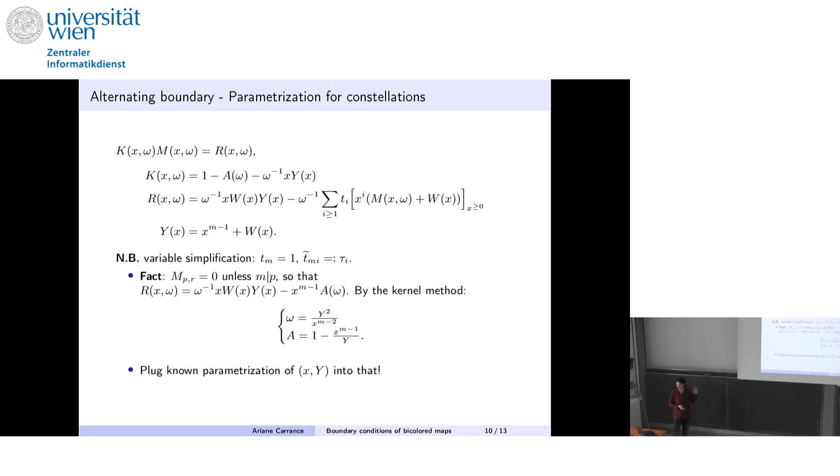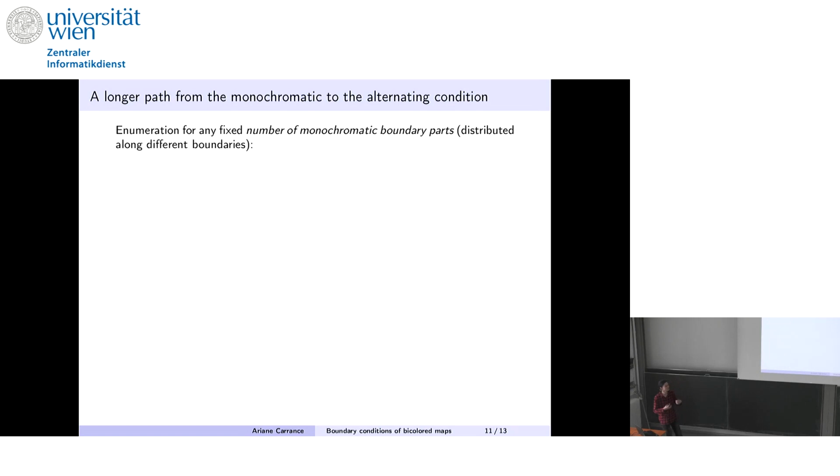If you don't have questions about that part, I will put things into a bit more of context. We've established a direct relation between the monochromatic and the alternating conditions, but there's actually, in some sense, a very long path that you could take from one to the other.